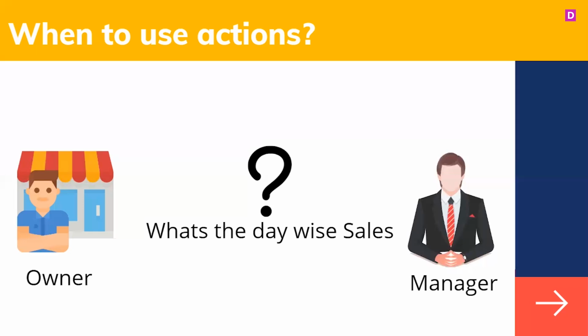So the owner is in a position to go to this visualization and dynamically interact with the dashboard that the manager is giving to him. Then it would be really meaningful. So how can we go ahead and perform this? This is where action comes into play.